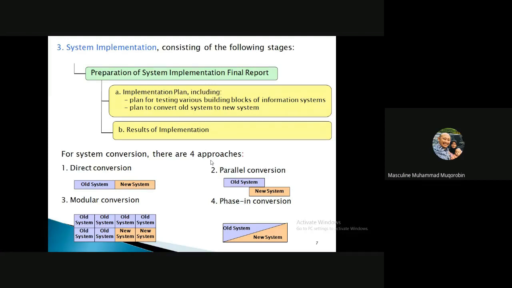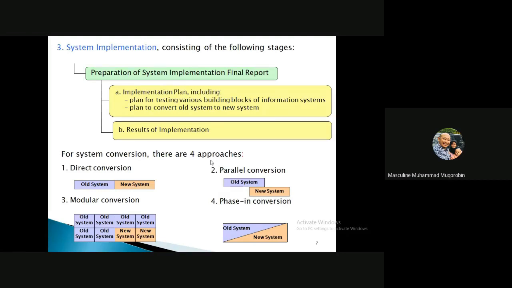For system conversion, there are 4 approaches. 1. Direct conversion. Conversion by direct changeover means that on a specific date, users stop using the old system and the new system is put into use. 2.